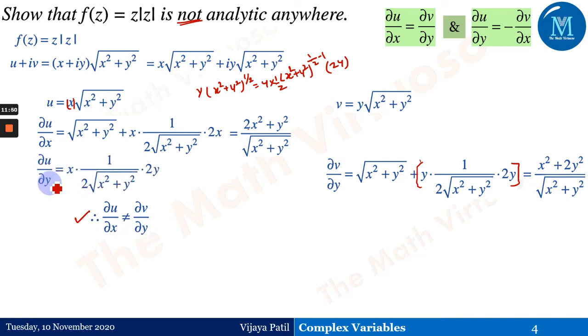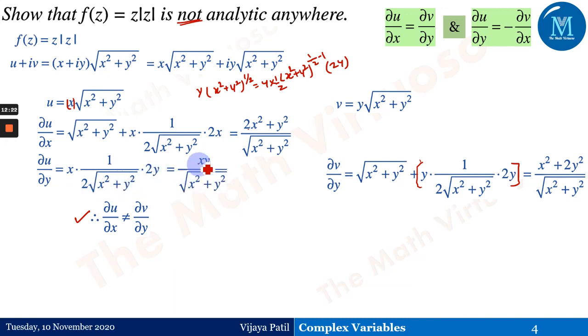So ∂u/∂y will give me x into 1 upon 2 into square root, because if you observe, we don't have the other, both of them are x terms. That means there will not be any u·v rule applicable here. So I have to consider this x as a constant, and we have to just differentiate x square plus y square to the power 1 by 2 as I have shown you here, and therefore it is giving me ∂u/∂y as x into 1 upon 2 times square root of x square plus y square into 2y.